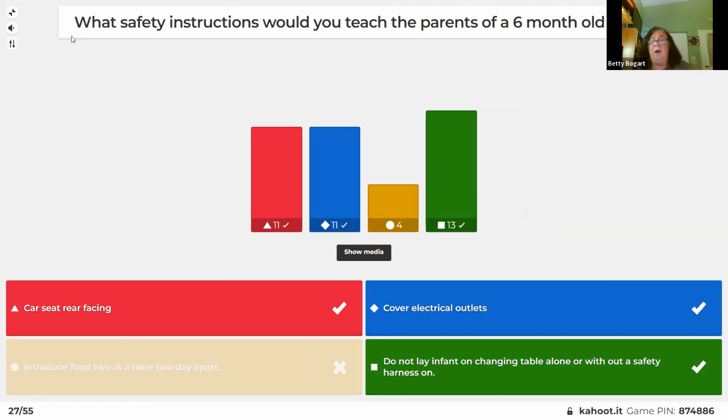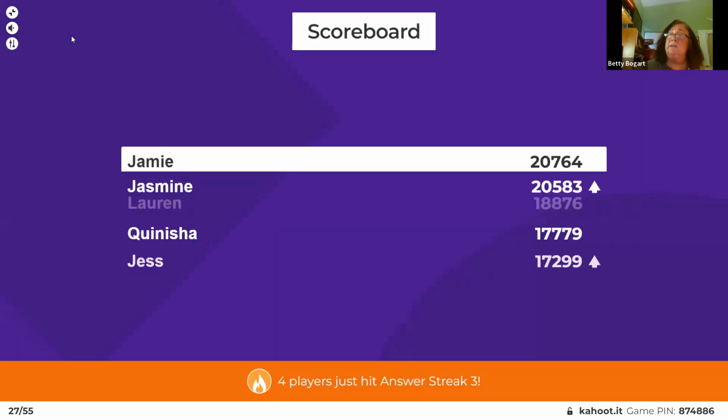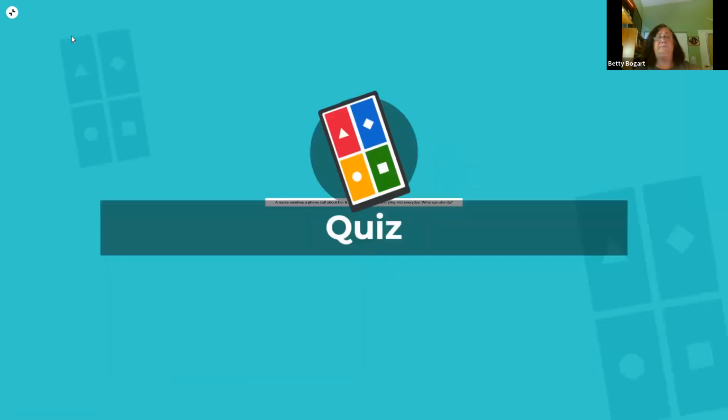So we are going to make sure that they're not anywhere on a couch or on their changing table. They should be safely placed there. Of course, the car seat is rear facing, and those electrical outlets should be covered because at 6 months, they're starting to move a little bit and start looking for those outlets and sticking their fingers in them, getting inquisitive.